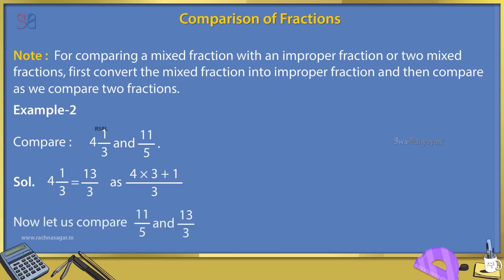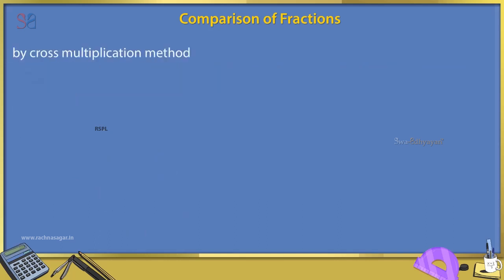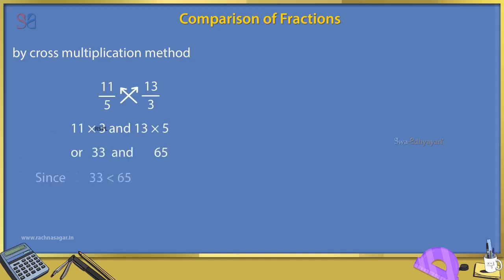Now let us compare 11/5 and 13/3. By cross multiplication method, 11 into 3 and 13 into 5, or 33 and 65. Since 33 is less than 65, so 11/5 is less than 13/3, or 11/5 is less than 4 and 1/3.